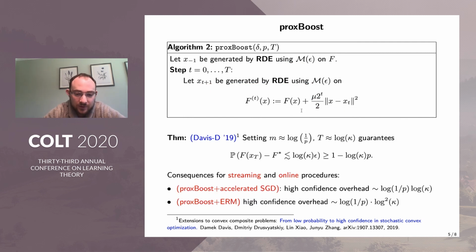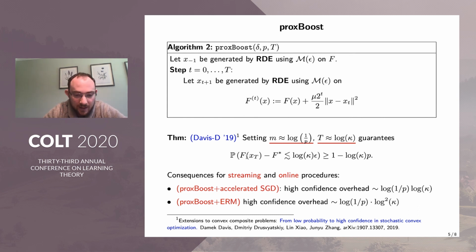What we showed is the following. If you simply set m as before to be log 1 over p, so the number of reruns within a single robust distance estimation is only logarithmic in 1 over p, and the number of rounds of proxBoost is only logarithmic in the condition number, then you in fact do get a high probability guarantee.